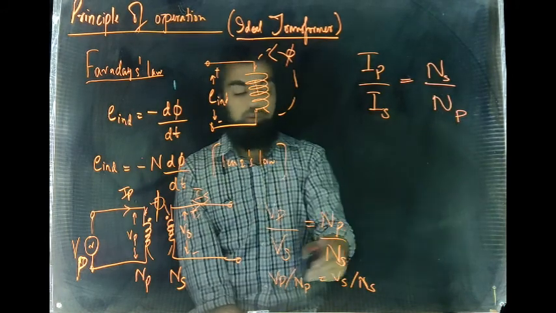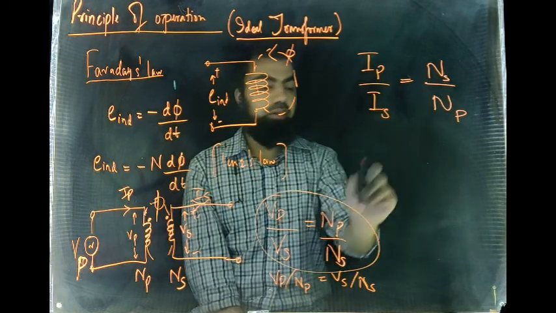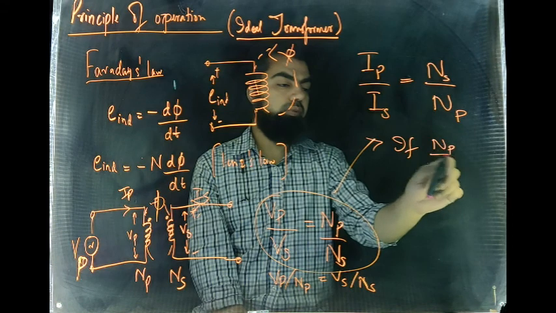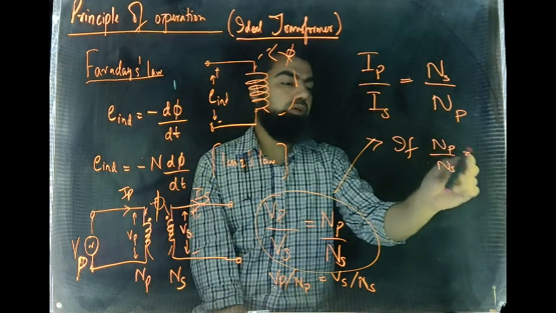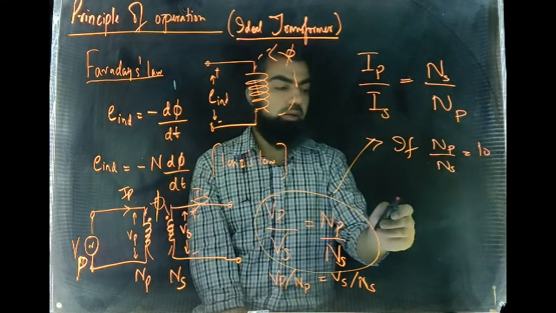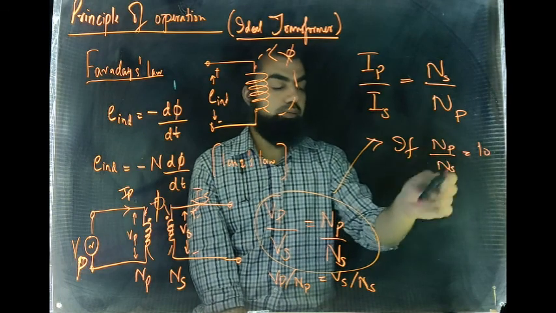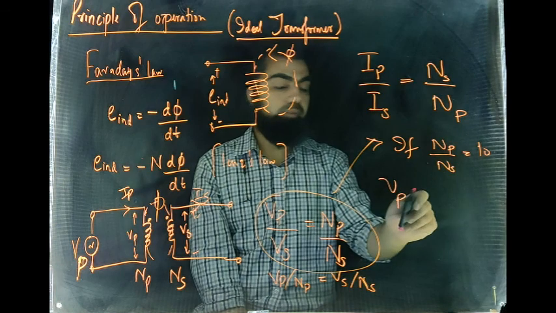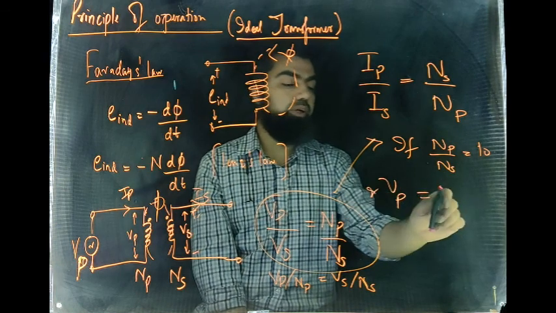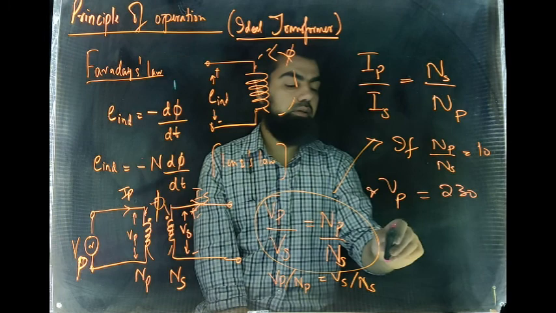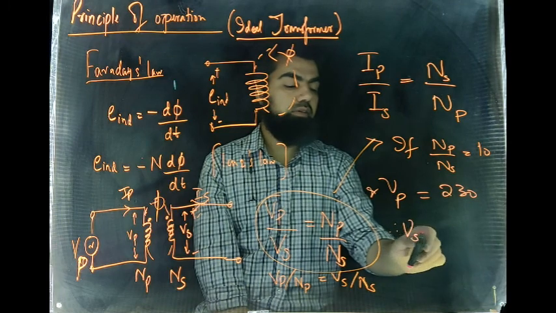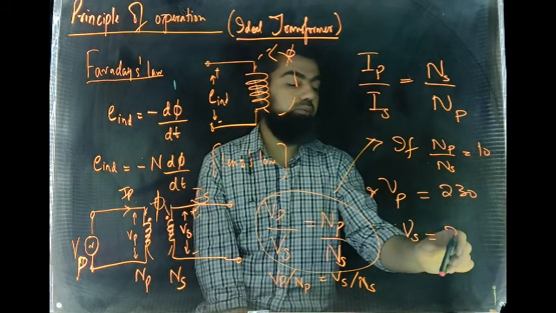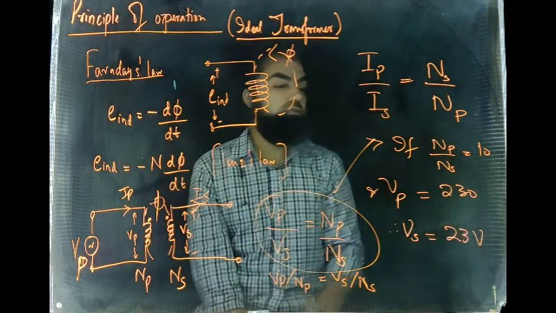Fine. So this equation suggests that if Np divided by Ns is equal to, say for example, 10, and Vp is equal to 230 volts, then Vs, the secondary side voltage that will be induced in this coil, will be 230 divided by 10, which is equal to 23 volts. Fine.